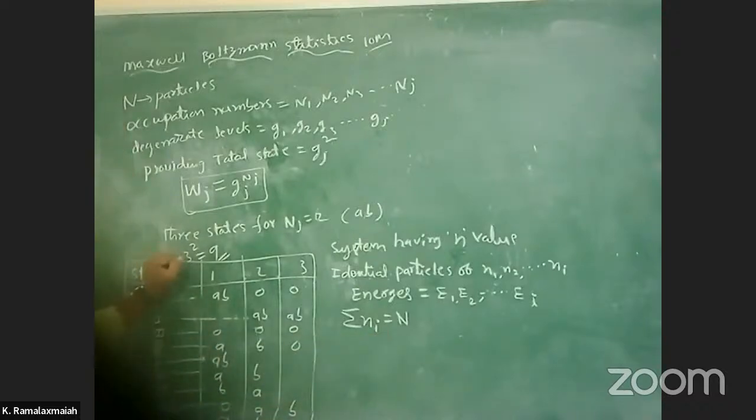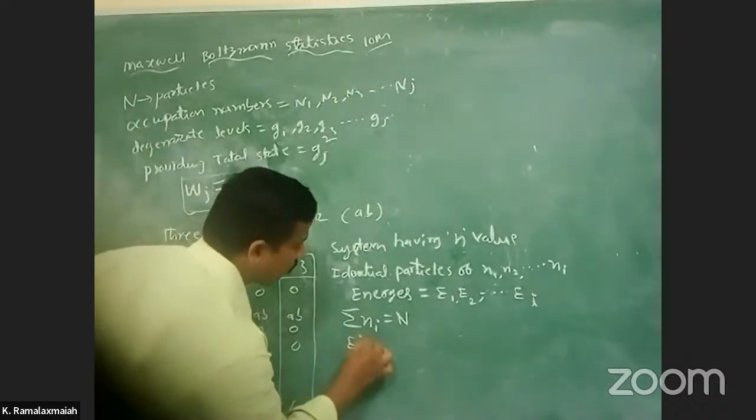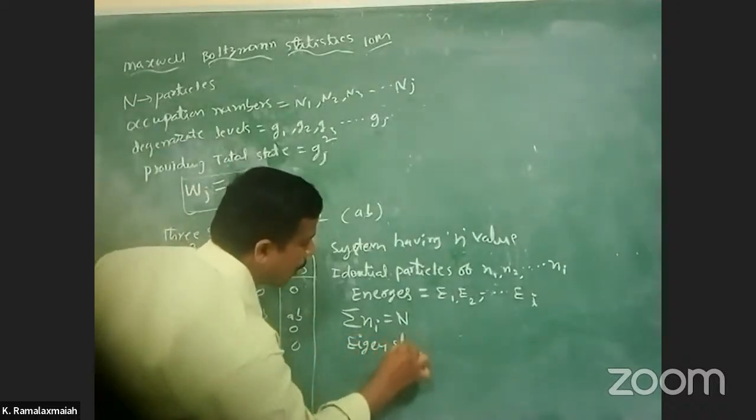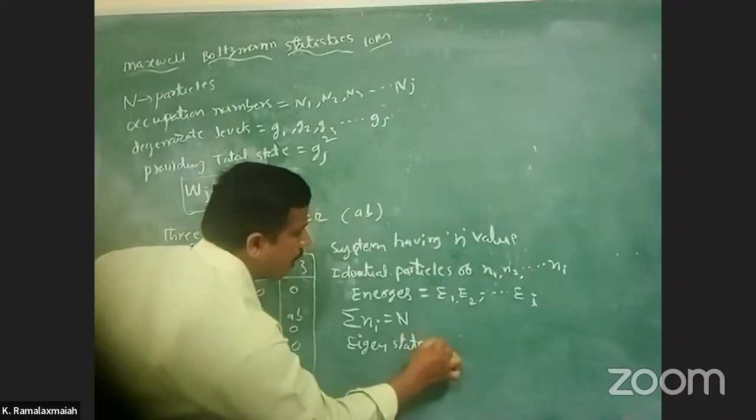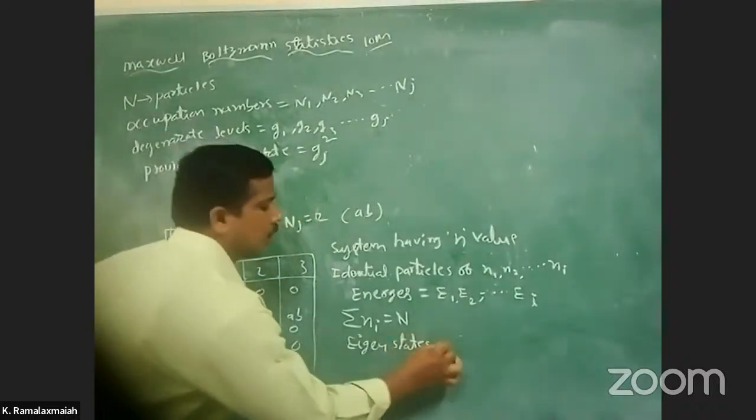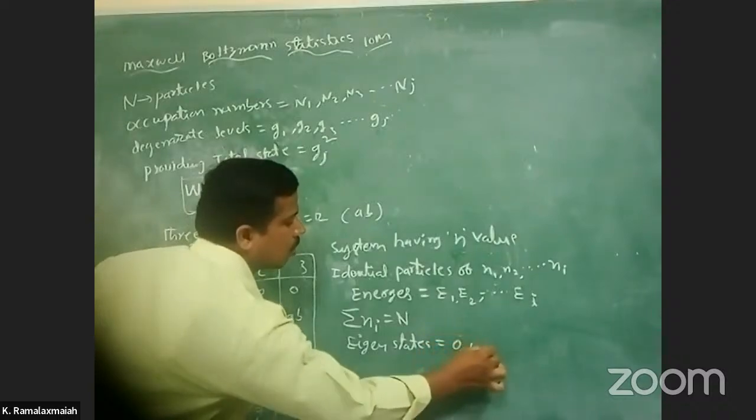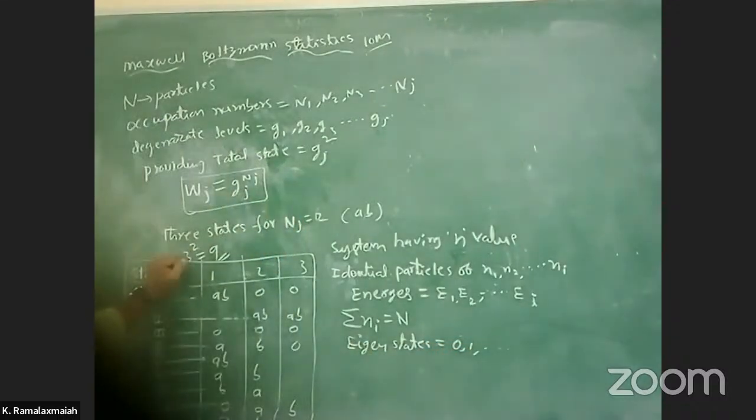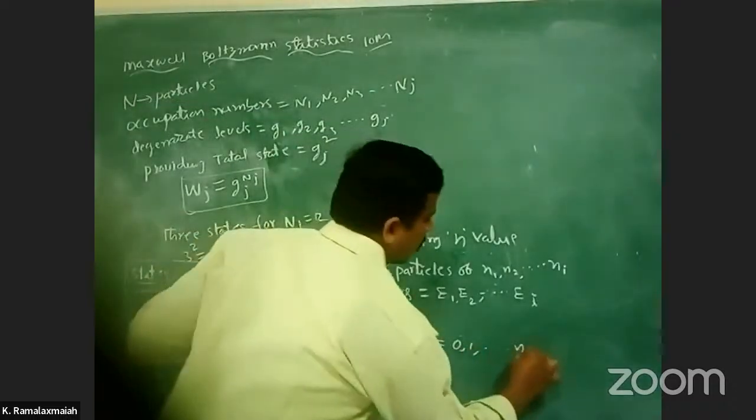The third one is each eigenstate of the quantum group contains 0, 1, dash, N particles. N eigenstates, 0, 1, dash, N particles.